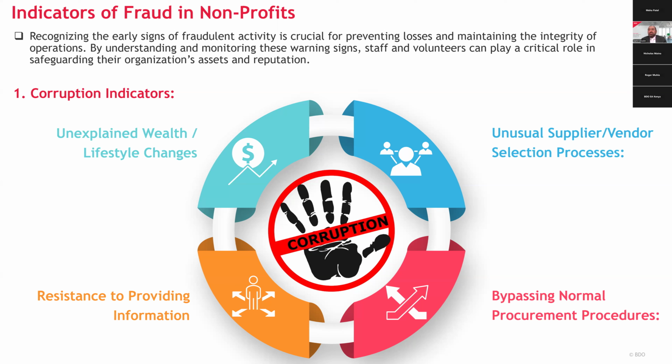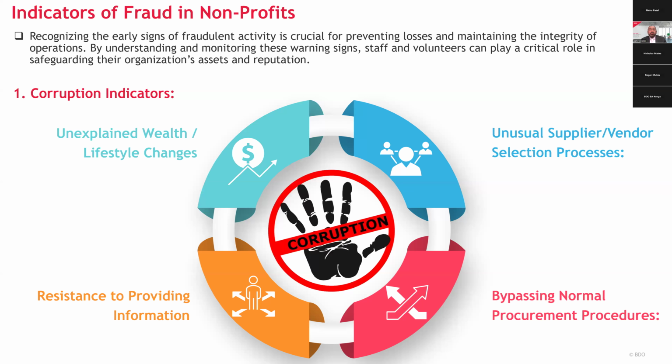So, in this section, we're going to look at the various indicators of fraud, specifically tailored to the unique environment of nonprofits. And we need to understand and monitor this because it's only through the understanding and monitoring of these red flags that staff and volunteers can play a critical role in safeguarding the organization's assets.